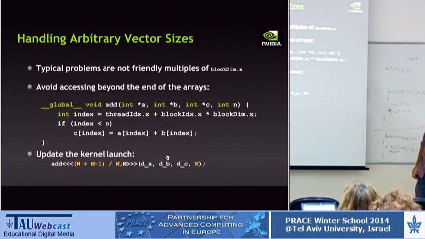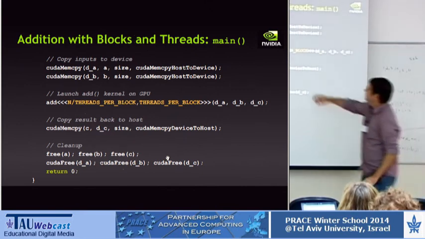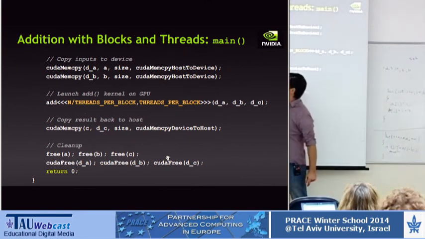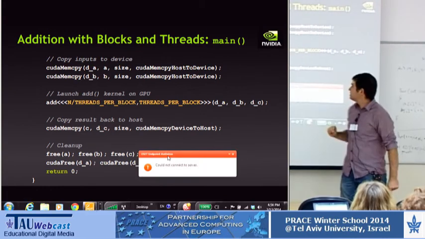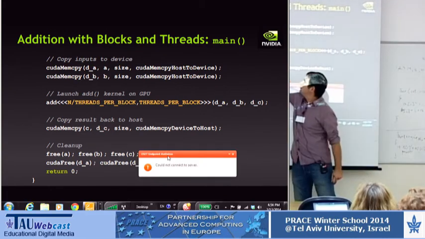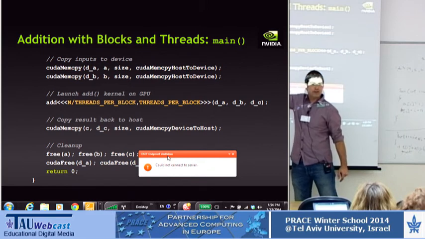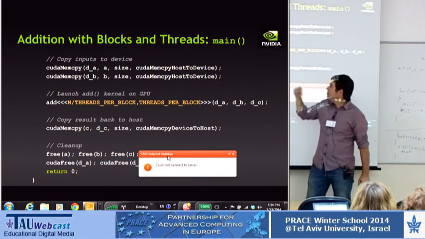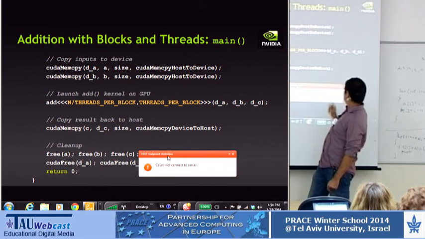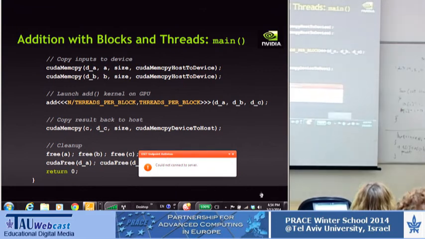When we launch the kernel, we've done this division. This division is very nice, but what if it doesn't really divide? What if there is a remainder? That's not so nice either.